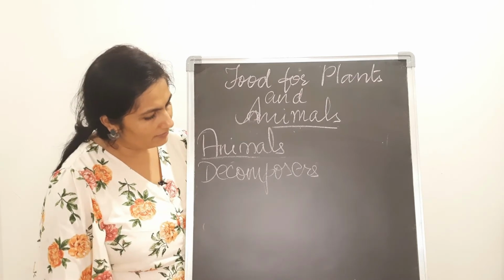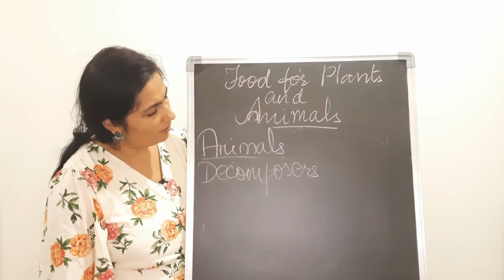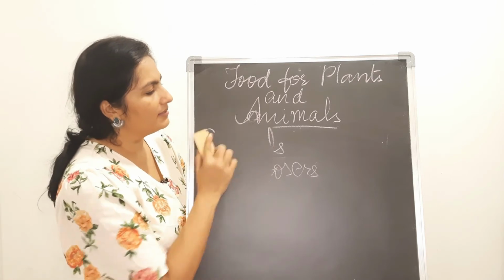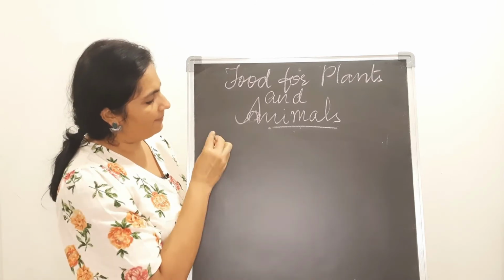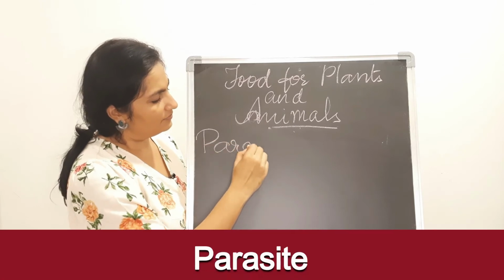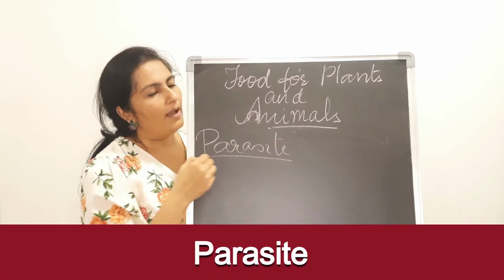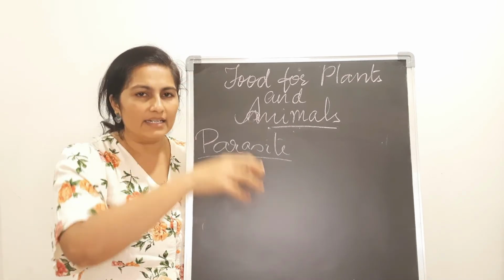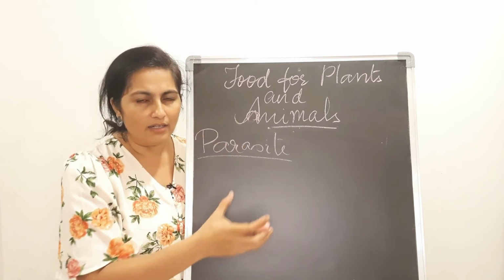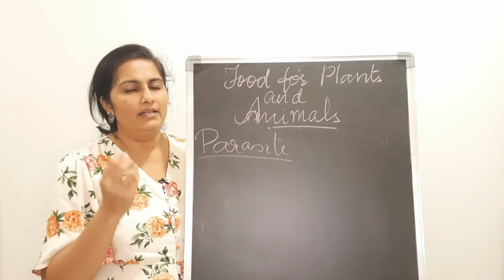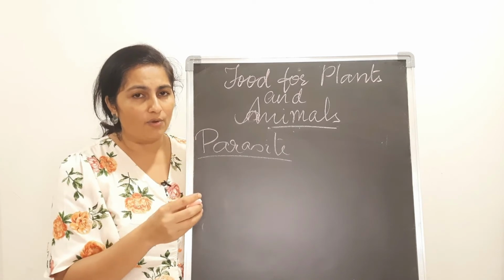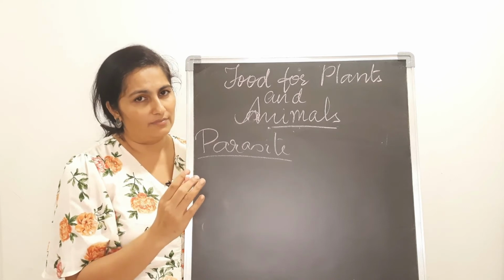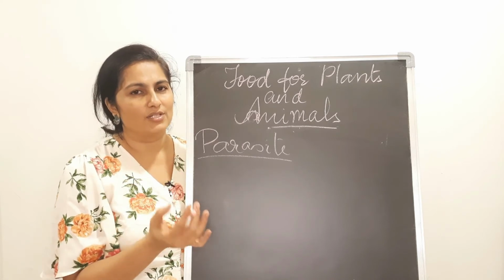Now we will see what a parasite is. Parasites are organisms which depend on a host, which literally live in or on the host and take all the nourishment from the host. Sometimes they are harmful. Sometimes their relationship is neutral, with no harm.